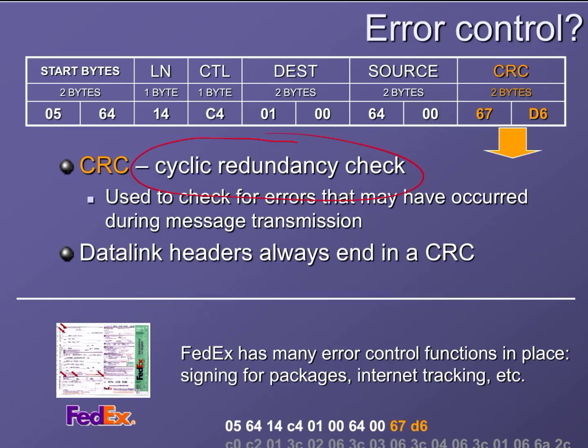So if you were to actually use a CRC calculator to calculate or confirm this CRC value, if you hit equals, you wouldn't get 67D6, you would get D667, because again, it's a 2-byte value that has to be flipped. So just so you understand there. And so this last part, for the FedEx analogy, is the checksum, or the checking to see if there's online confirmation using scanners and things like that to make sure the delivery was delivered.